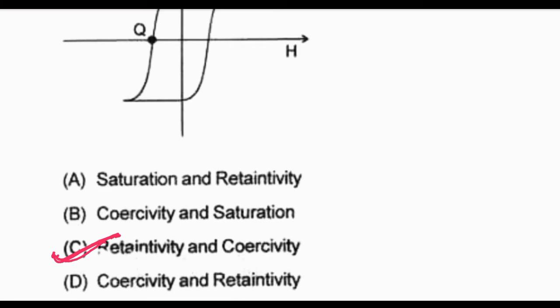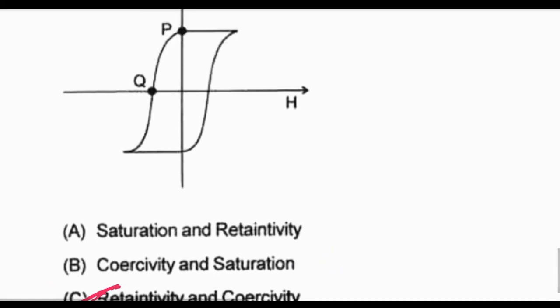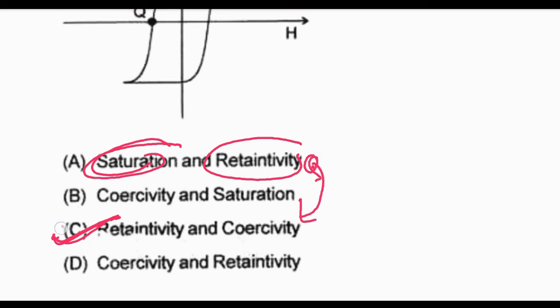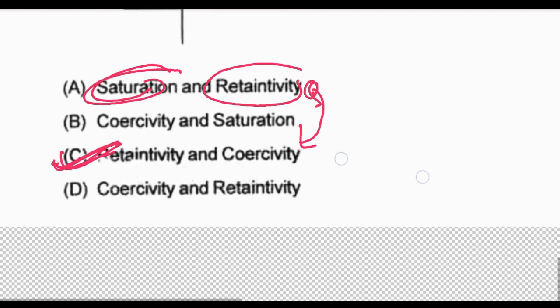But there is no option with saturation and coercive field. So the option will be this one. Here saturation is given along with retentivity, and Q is the coercive field. So this one will be the answer.